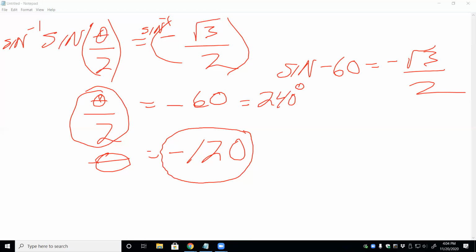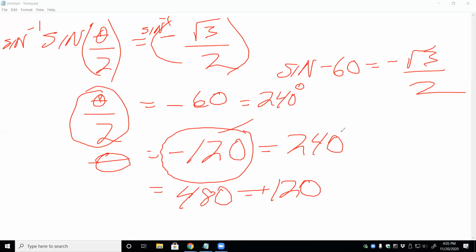Yeah. So the problem is that when you solve for theta, it comes out to be either minus 120 or 480. And then, of course, the 480 you can reduce to plus 120 by subtracting a multiple of 360, and you can either leave that as a negative angle, or you can turn it into 240.